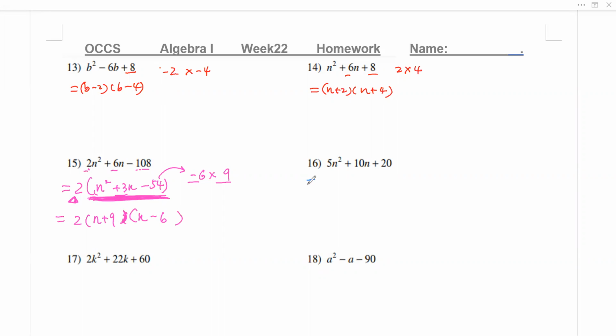All right, see number 16, the same here. We take 5 out first, right? 5, 10, 20. We can quickly see 5 is their greatest common factor, right? So here it changes to x squared plus 2x plus 4. But this part cannot be factored, right?